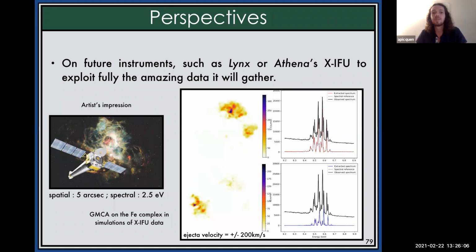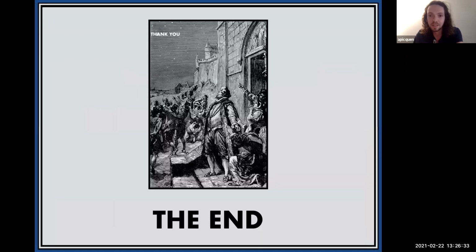And lastly, future instruments like Lynx or Athena will give amazingly detailed images and spectra, and it would be a shame not to exploit completely the information contained in all the dimensions. So using that kind of algorithm would really be useful to exploit their potential fully. And that's it. Thanks a lot.